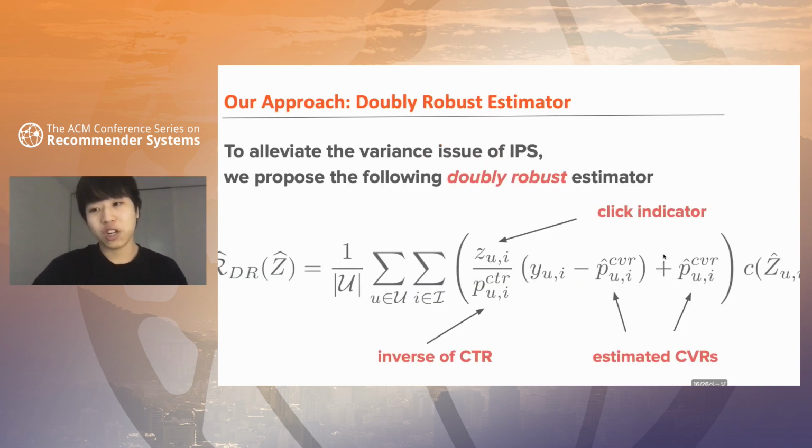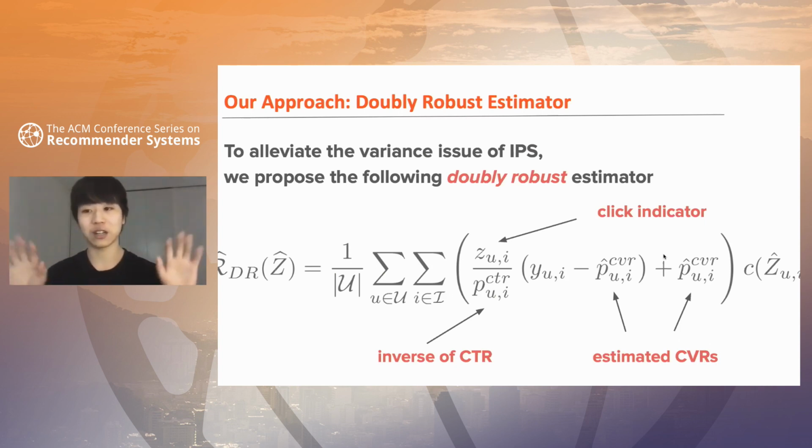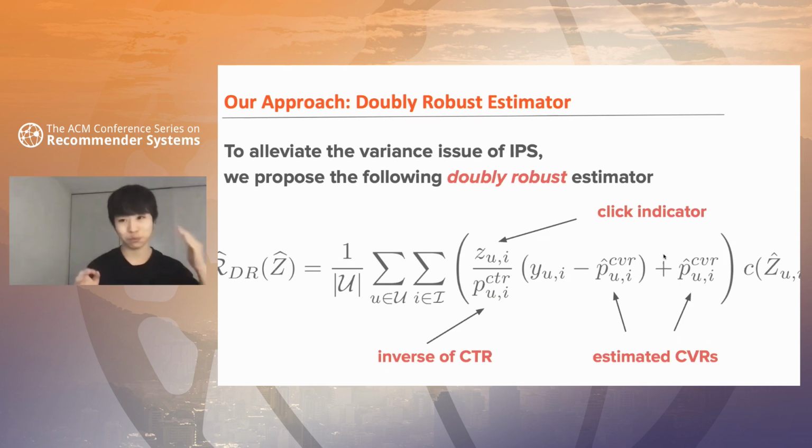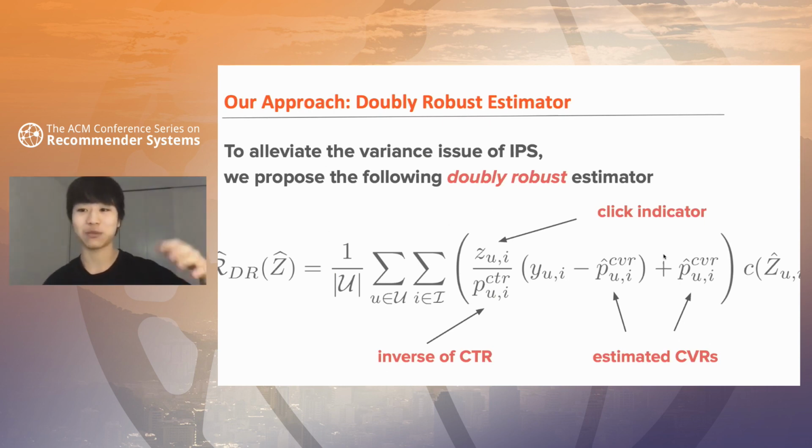So the main motivation in this paper is to alleviate the variance issue of the previous unbiased IPS estimator. For this purpose, we propose the doubly robust estimator for the ground truth ranking measure using the two-stage user feedback setting for the first time in the literature. So this is the definition of the doubly robust estimator. And you may think that it's a bit more complex than the IPS estimator, but the basic idea behind the doubly robust is fairly simple.